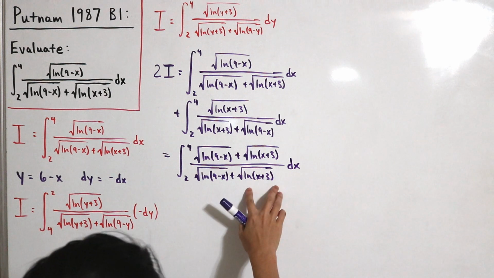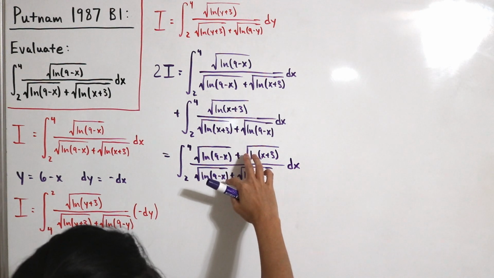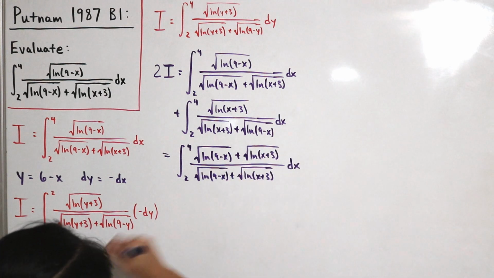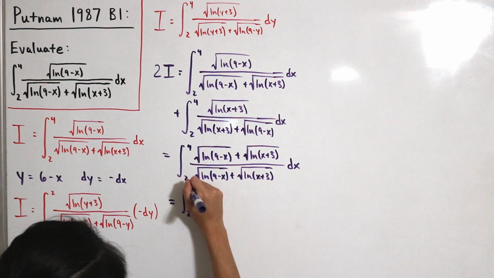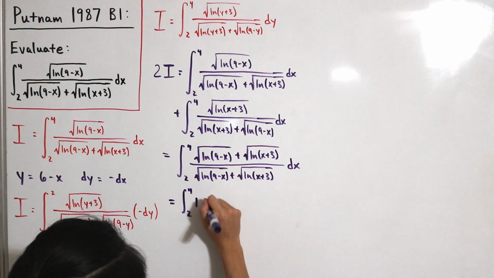But would you look at this? They share the same terms in numerator and denominator, so it cancels out. Therefore this is just equal to the definite integral of 1 dx.